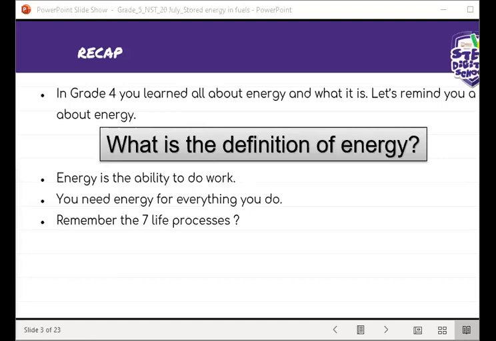I see answers in the group: Koto said breathing and movement. You said reproduction, growth, excretion. Sakura said movement or moving, reproduce, feeding, growing, as well as sensing. Those are the 7 life processes. Remember, they distinguish between the living as well as the non-living things.